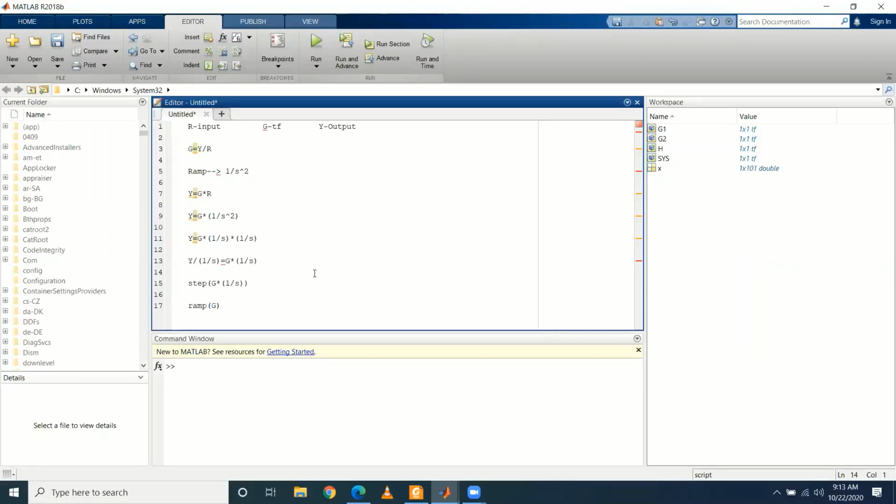Again, in order to observe the ramp response of G, we just multiply G with 1 by S and observe the step response. That will give us the ramp response. There is no direct ramp function, so we have to use step. Any questions?